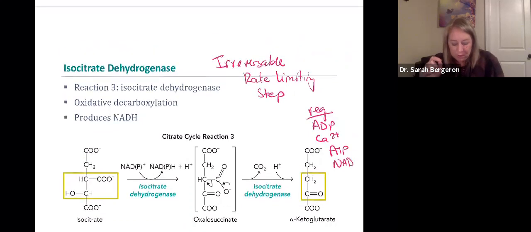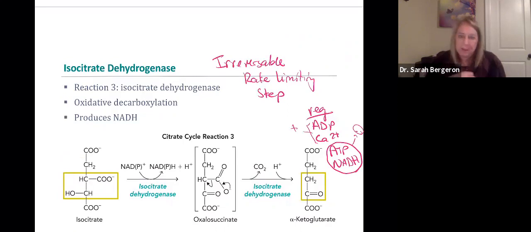NADH is going to be a regulator. So remember, your ATP and your NADH, these are products of these reactions. So these are going to be negative effectors, right? Whereas your ADP and calcium 2+ are going to be positive effectors. So those are negative, ADP, Ca2+ are positive.